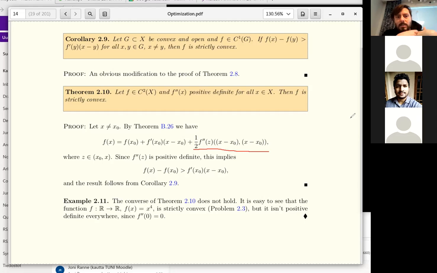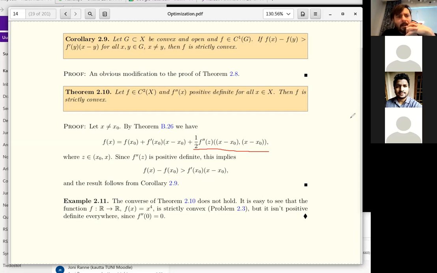So in this case, x minus x0 is applied twice to this bilinear form. And again, it's easiest to think of this bilinear form as a matrix, and you multiply it from both sides with the same vector, so it's a square matrix. This is going to be positive.